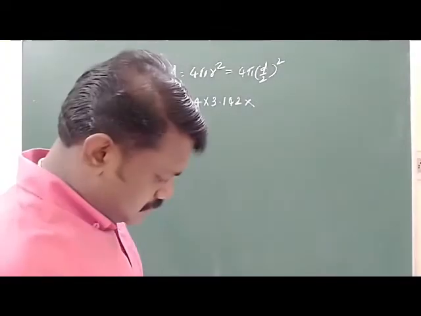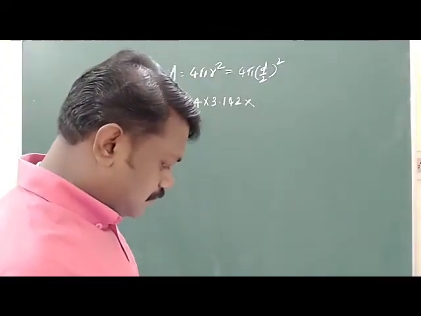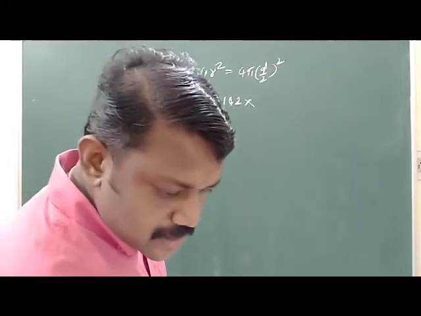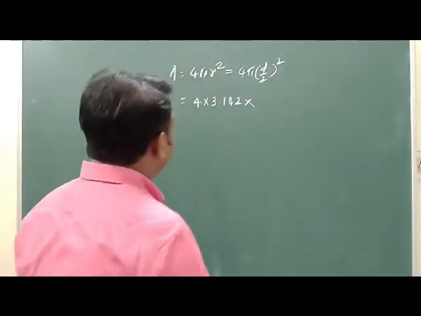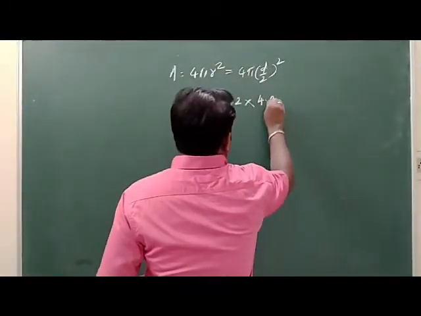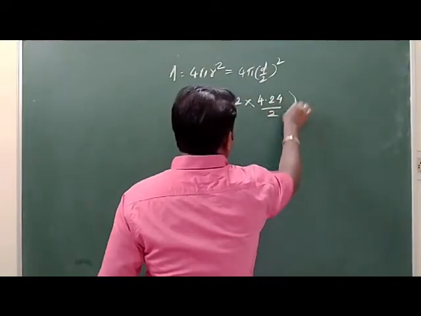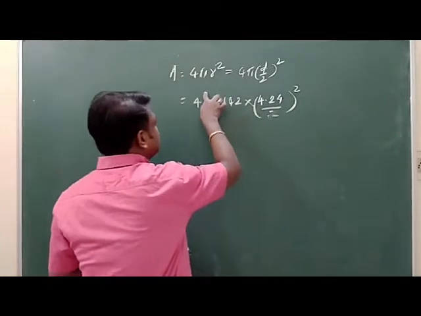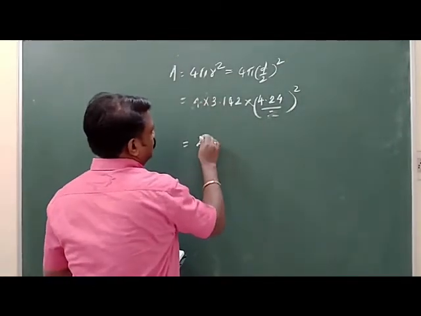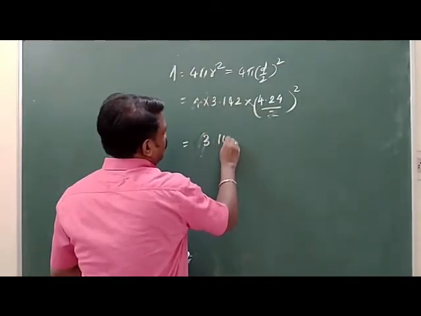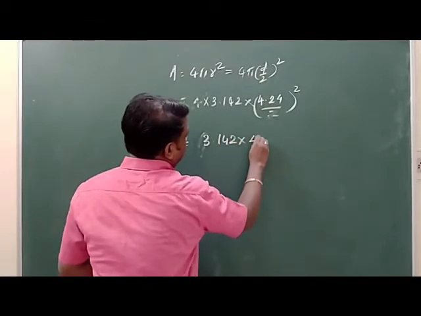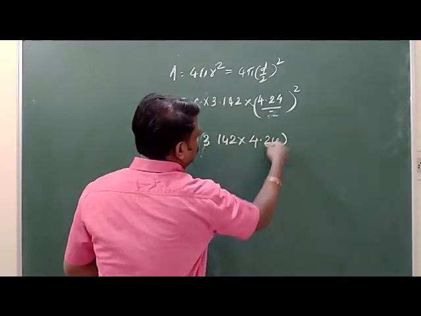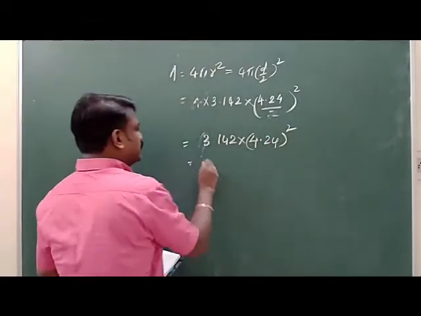D is the diameter given, 4.24 centimeter. So 4.24 divided by 2 square. When you calculate 2 square, this 4 gets cancelled. So 3.142 multiplied by 4.24 square. Calculate this.